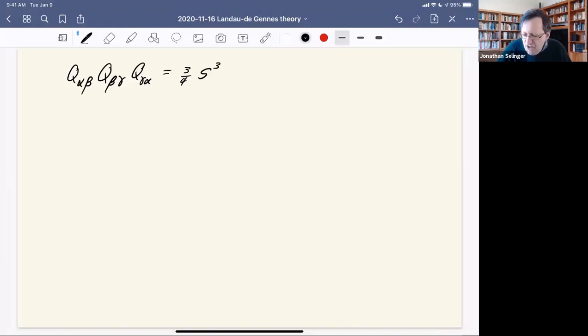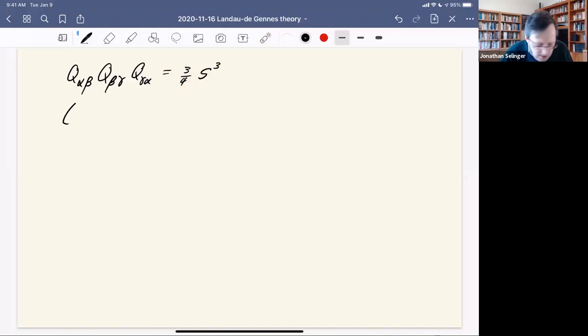You can tell that it has to be something times s cubed because there are 3 factors of the Q tensor, and each factor of the Q tensor brings a factor of s. So all the tensor manipulation that you would do to simplify it will just give you the constant in front, the 3/4.